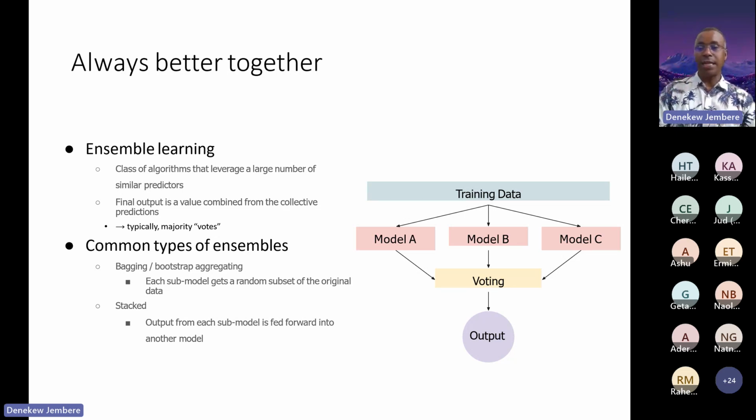You train three different models from three different algorithms on the same data set, and finally each of these models predicts its corresponding value based on its learning, and then they vote on the output for a given data. So this kind of learning is called ensemble learning, if you are training multiple algorithms to generate multiple models which collaborate at the end.